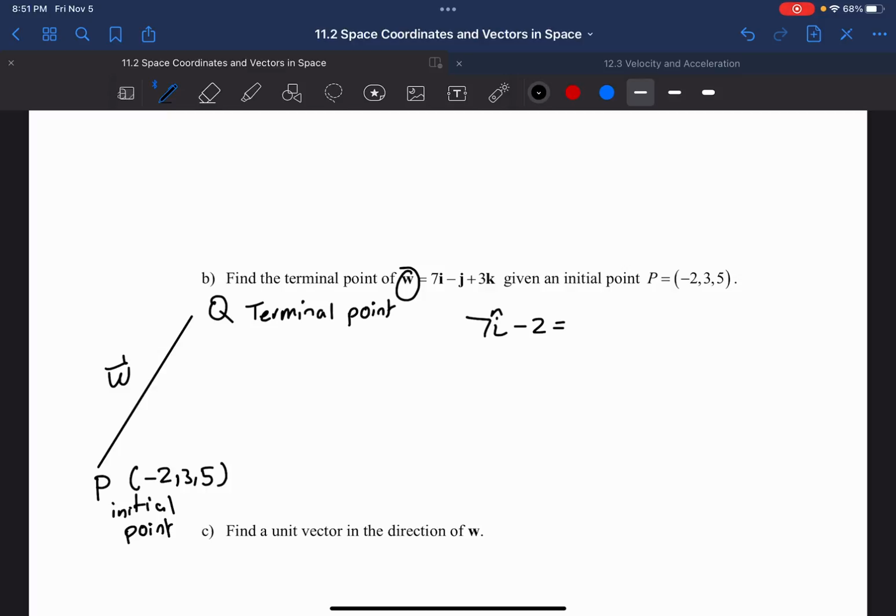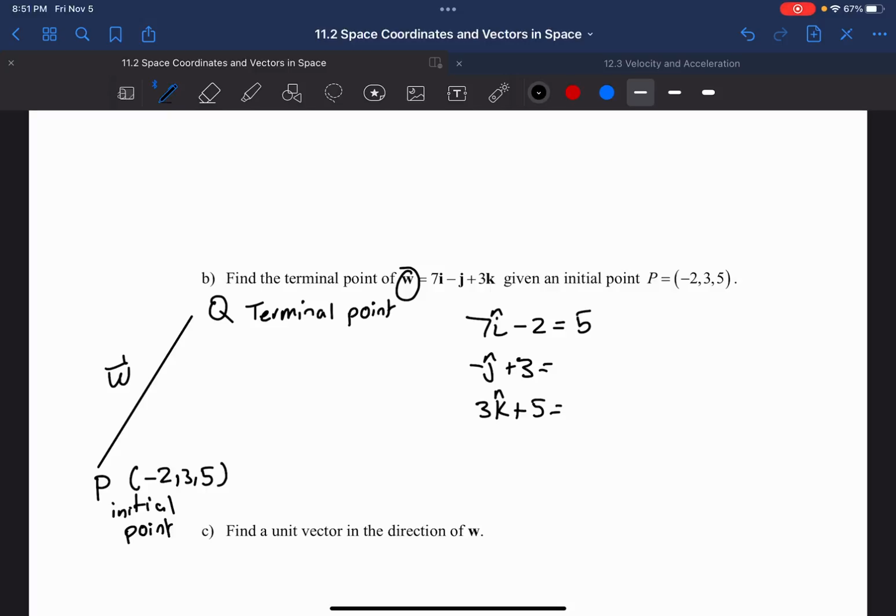Okay, and then minus j plus 3, and then 3k plus 5. So 7, you can disregard the i's, j's, and k's over here. They're just telling you which direction it's going in. So 7 minus 2 equals 5, minus j plus 3, which is minus 1 in the y direction.